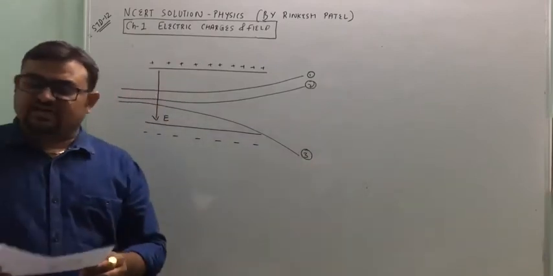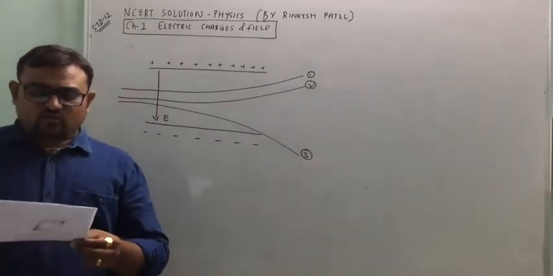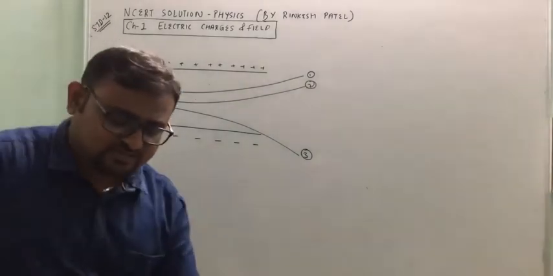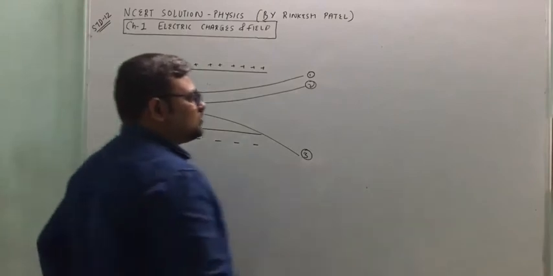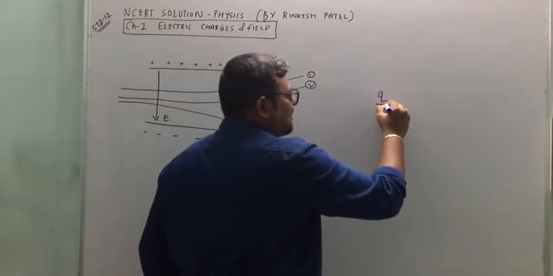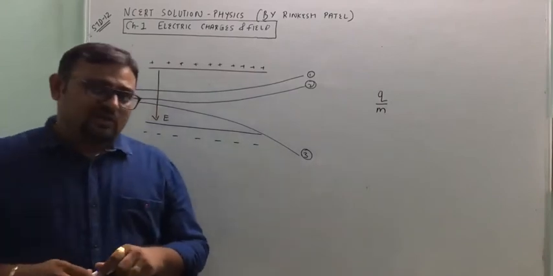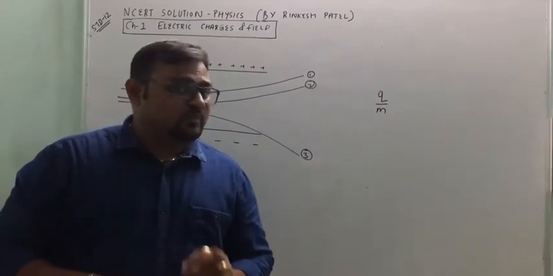Here these are the three charges. You have to find out which particle has the highest charge to mass ratio. So charge to mass ratio, that will be Q by M. You have to find out which particle will have highest ratio of charge to mass.